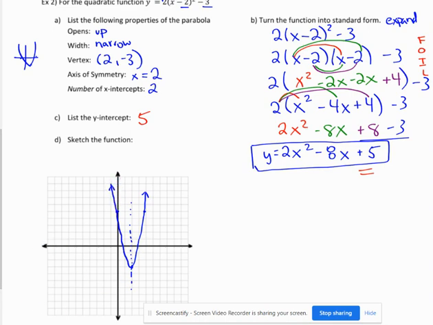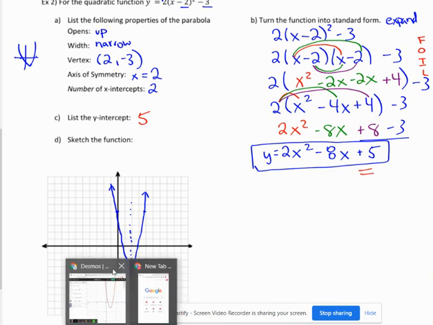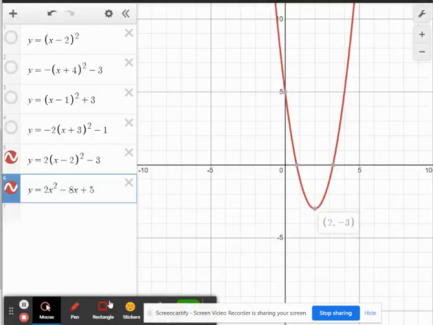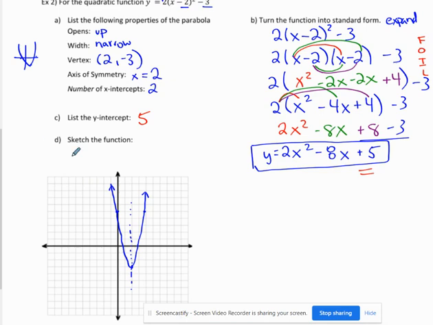And we have already checked it using our graphing calculator right here. So down here at 2, negative 3 is where our vertex is. We have our y-intercept up here at 5. And if I did want to figure out what my x-intercepts are, I could check them by graphing. Next lesson, we are going to learn how to find those, but not this day. All right, so here's our sketch, and we are done.